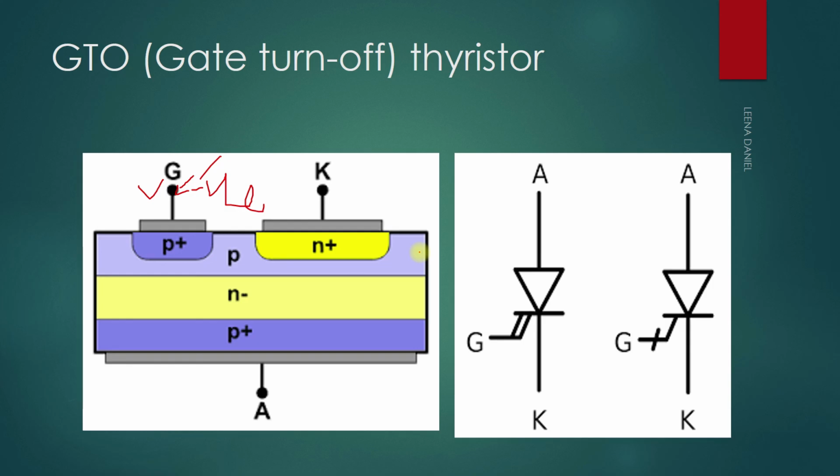A GTO unit has reduced acoustical and electromagnetic noise due to the elimination of commutation chokes. We don't need to use the commutation choke, because in a commutation circuit the basic elements are L and C, inductor and capacitor, used as basic commutating elements.